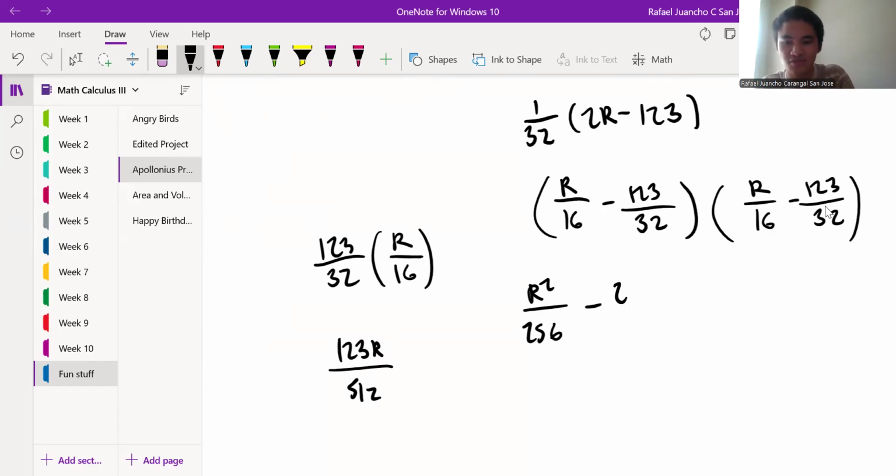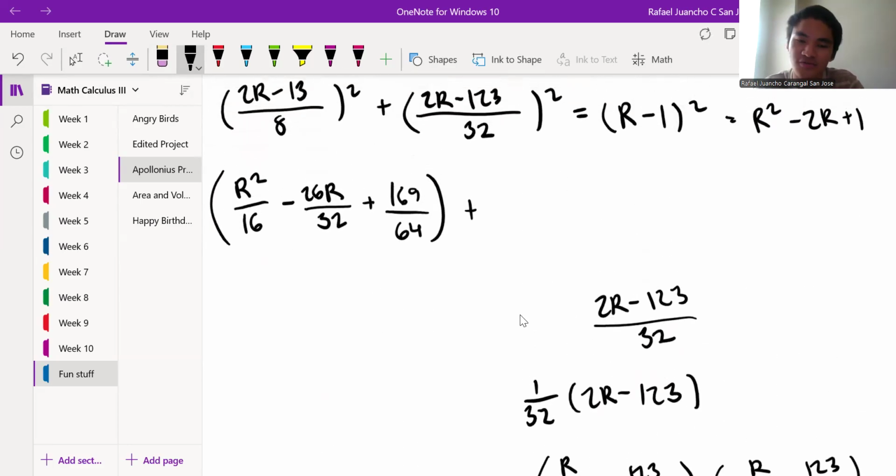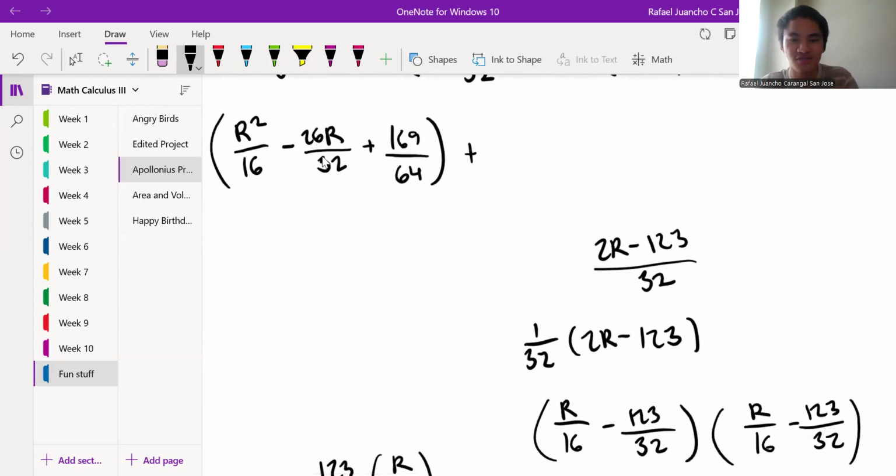This is 246. God, computation's a mess. Can I simplify this? I get 123 over 256. Oh, look at that. Got something of 256 here. And I think, okay, cool. Oh, I could actually simplify this other thing. I just realized.